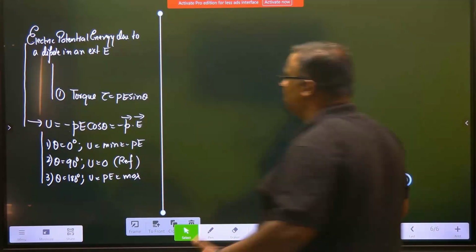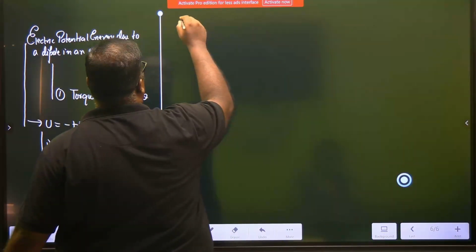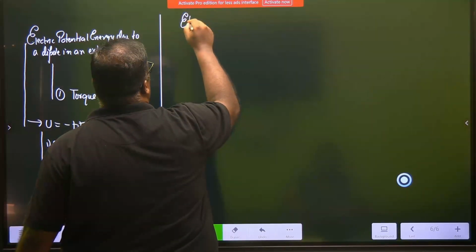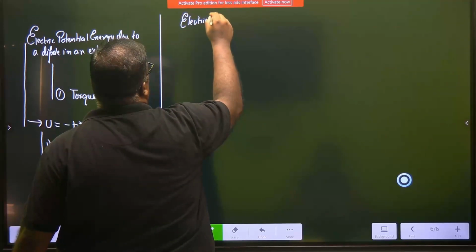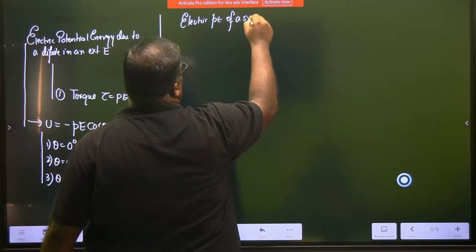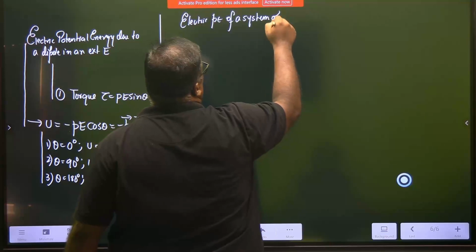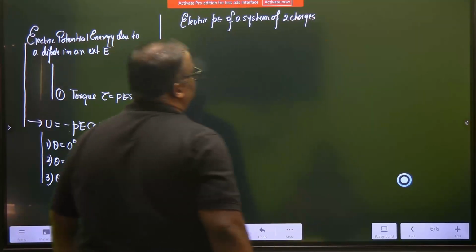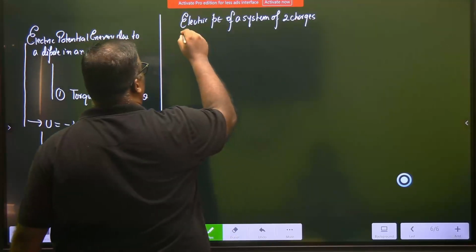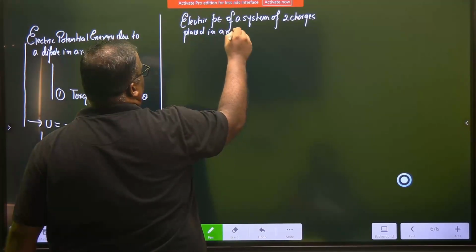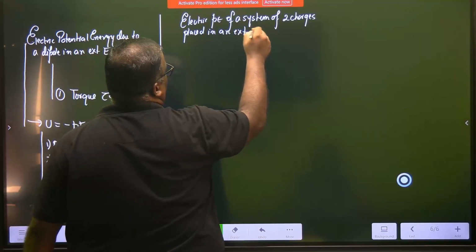So we will try to see it as the electric potential energy of a system of two charges placed in an external electric field.